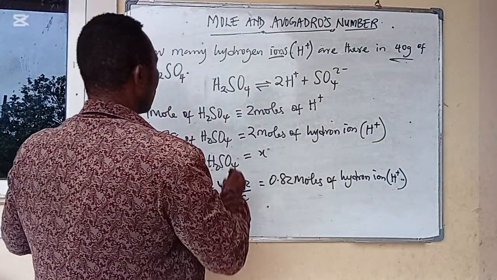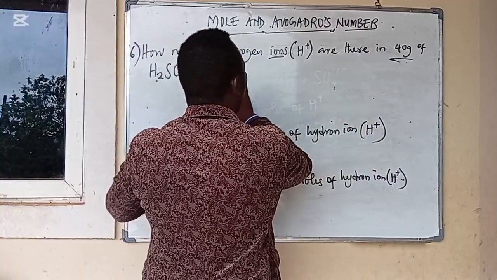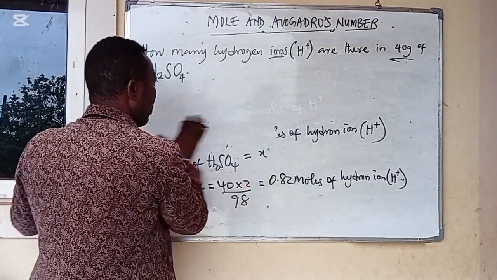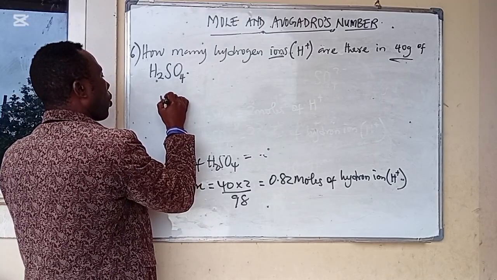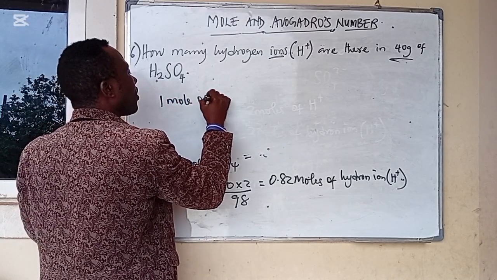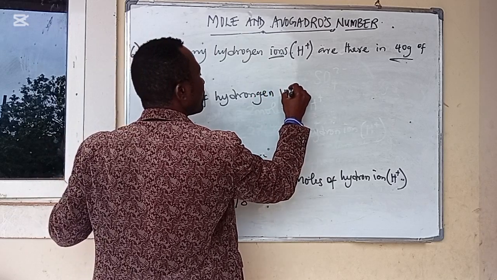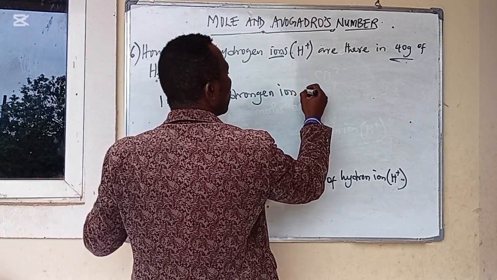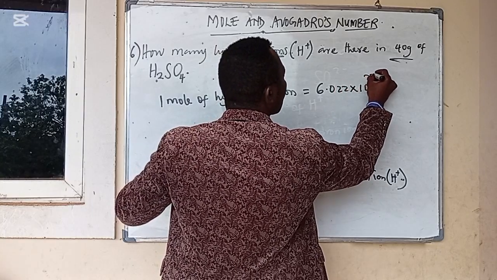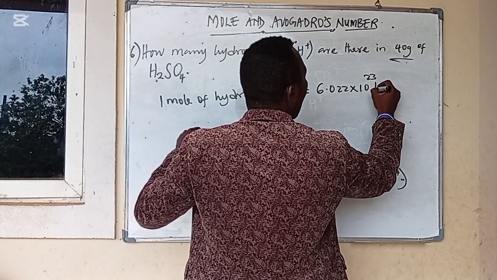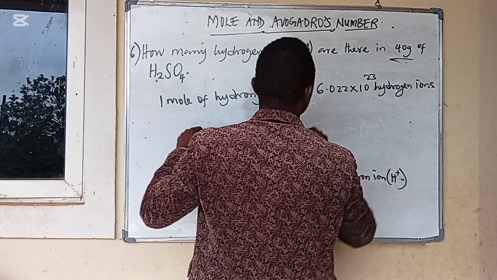How do we do that? We know that 1 mole of any substance is the Avogadro's number of that particle. So what I mean is this: 1 mole of hydrogen ion will be equal to 6.022 times 10 raised to power 23 hydrogen ions.